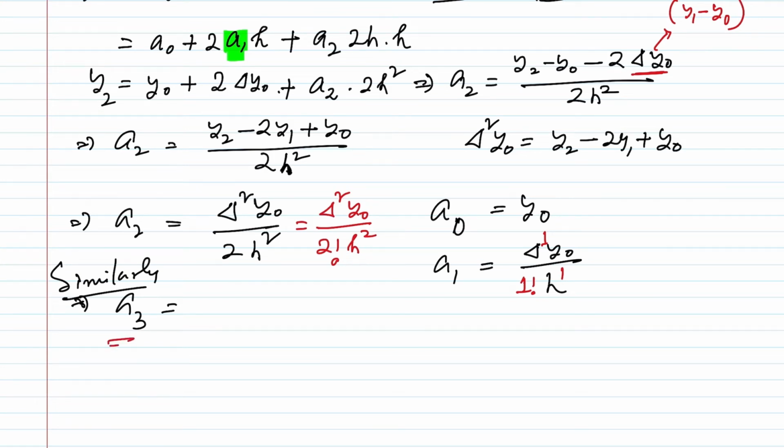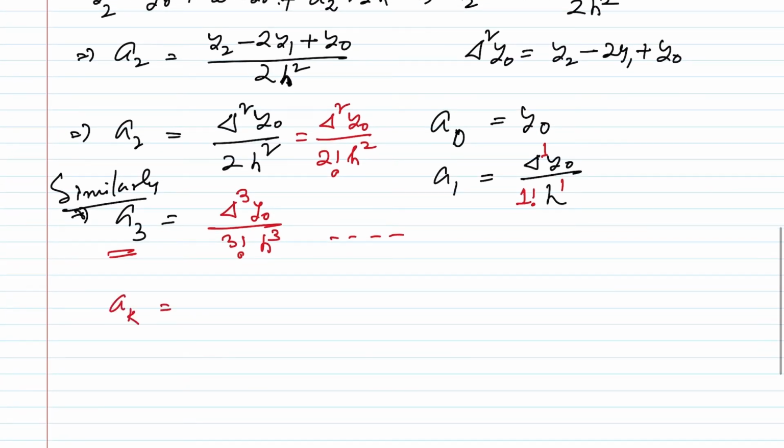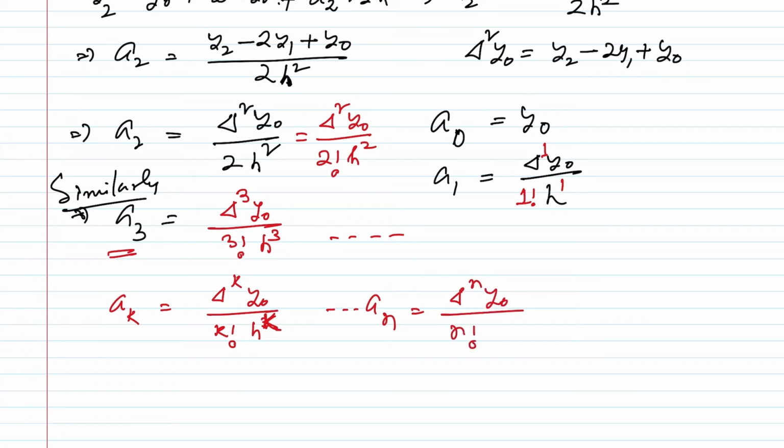If you follow this pattern, then the value of a3 will be del cube y naught by 3 factorial h cube, and so on. Similarly we can find ak, that's going to be del to the power k y naught by k factorial h to the power k, and hence we can find an, that's going to be equal to del to the power n y naught by n factorial h to the power n.